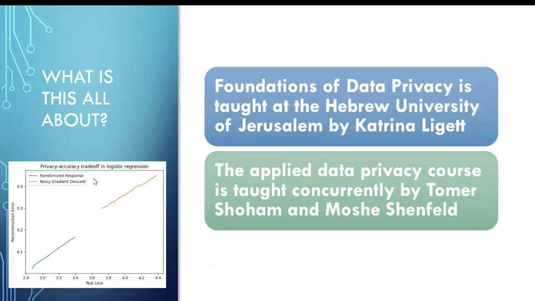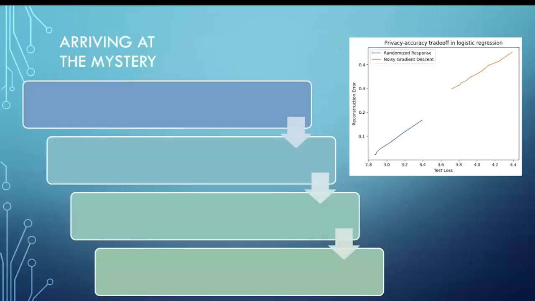Since this academic year that just ended, there's another course that Tomer Shoham and I, both Katrina's PhD students, taught concurrently. I'll try to show through this example how this course works.